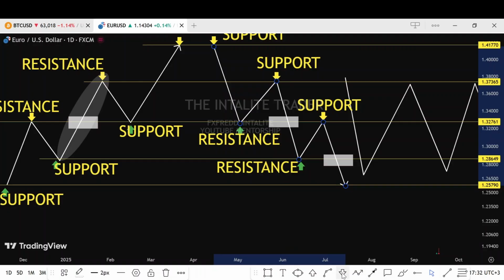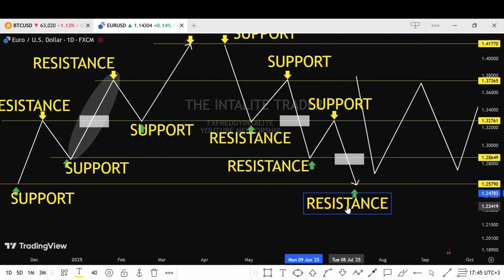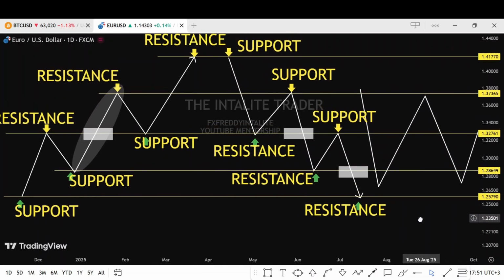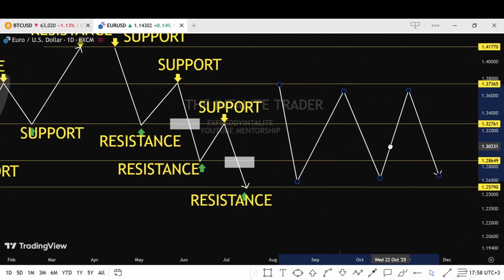So the same thing, price comes and finds rest at this level. So you see the previous support now becomes our resistance. This is where price finds rest at this point. This becomes resistance. Then the same thing applies to a ranging market.